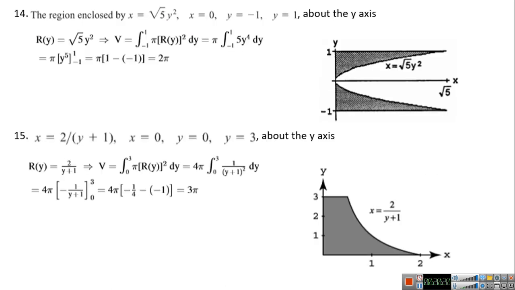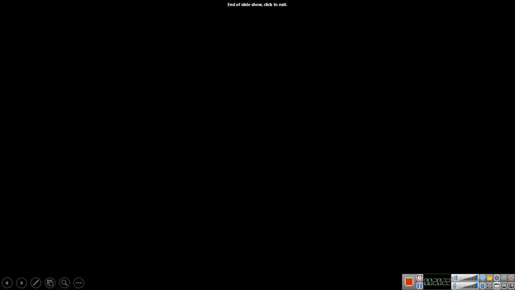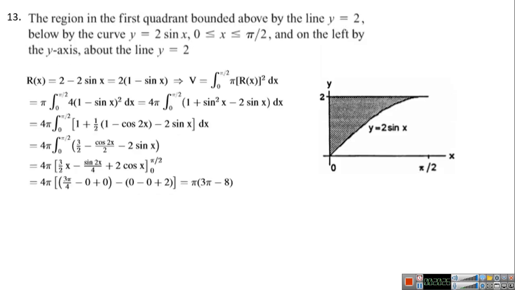I think that 13, I have 13 till 15 still. So now if you want to do 13, bounded above by the line y equal 2, this is y equal 2, below by the curve I gave you from where to where.